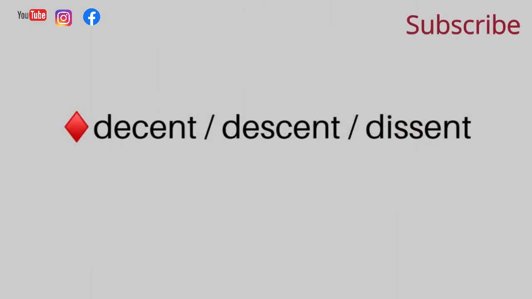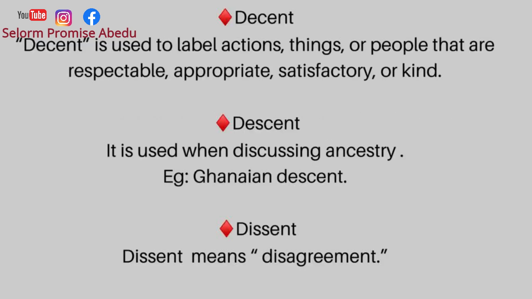Descent, written with an S and a C, and dissent, written with an S and another S. Decent is used to label actions, things, or people that are respectable, appropriate, satisfactory, or kind.